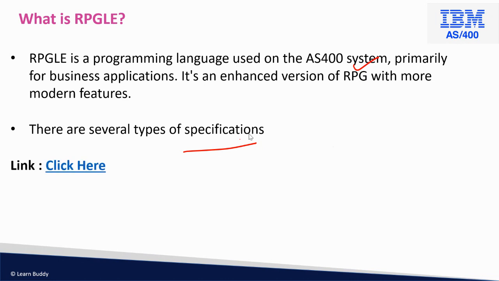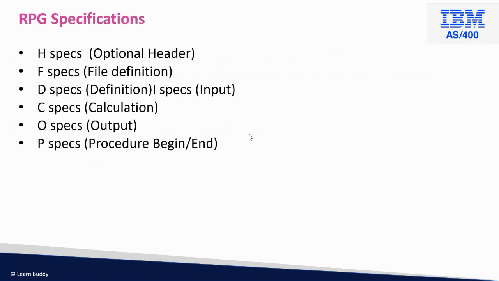Okay, so what are those specifications? These are the specifications which you can use in RPGLE. It is not mandatory to use all the specifications, but based on your requirement you can use them. But you should follow the sequence. For example, if you have a requirement where you do not use the H specification, you can use only the F specification or C specification.